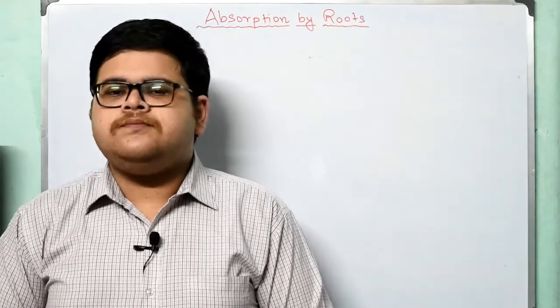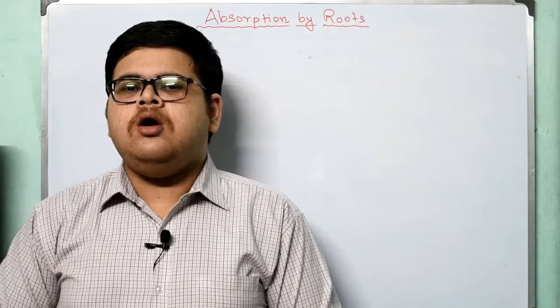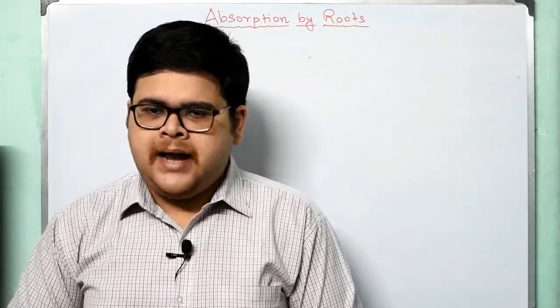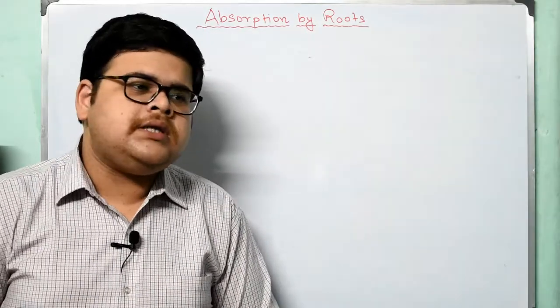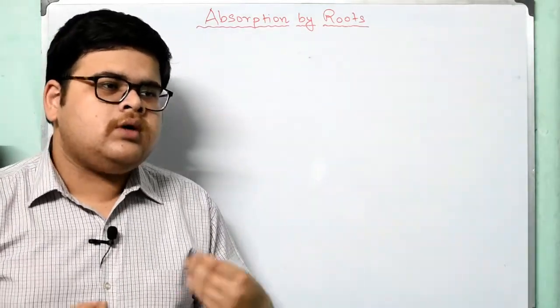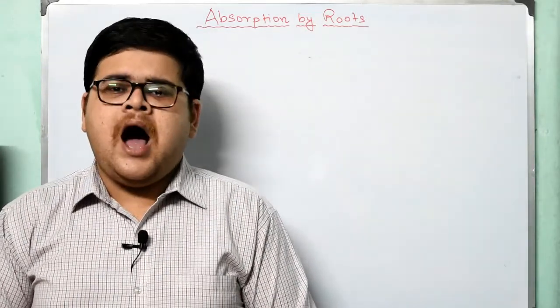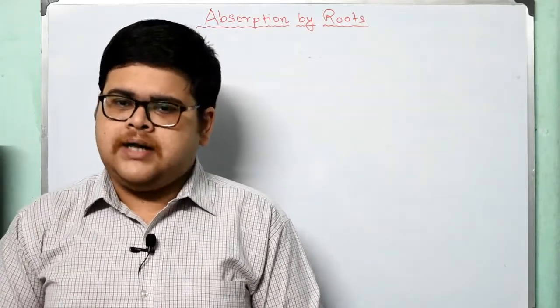Okay, so the chapter is absorption by root. Now we all know the structure of a plant, right? We all have come across the structure of a plant, and we know how xylem works, how phloem works, what the processes are, and how a plant gets nutrients from the soil. We all know that, right?